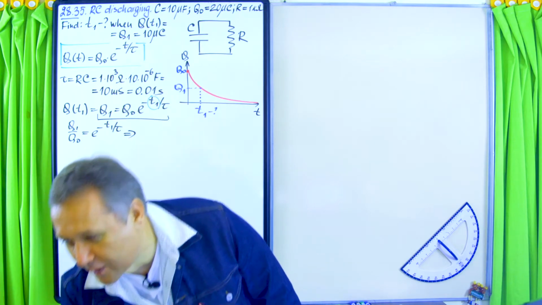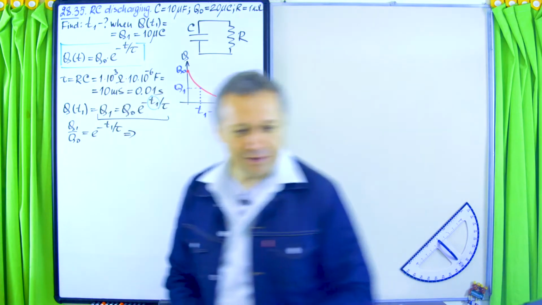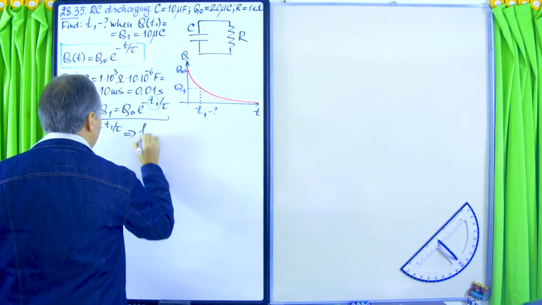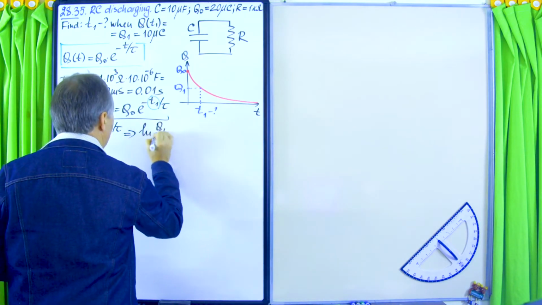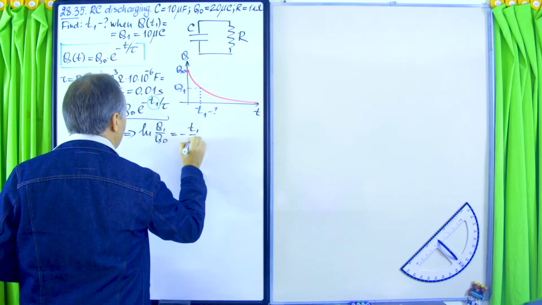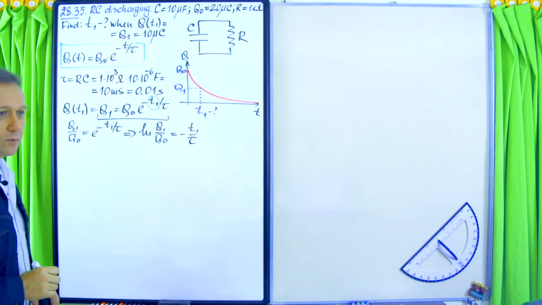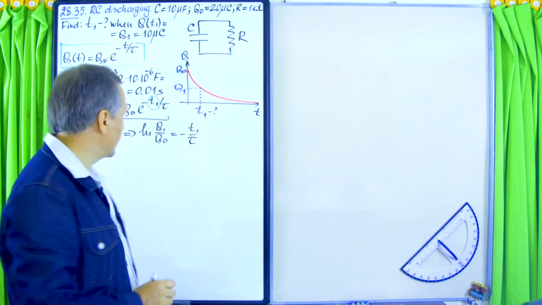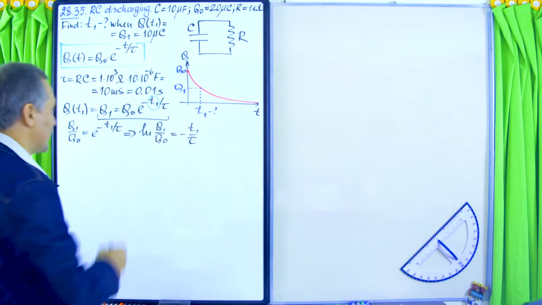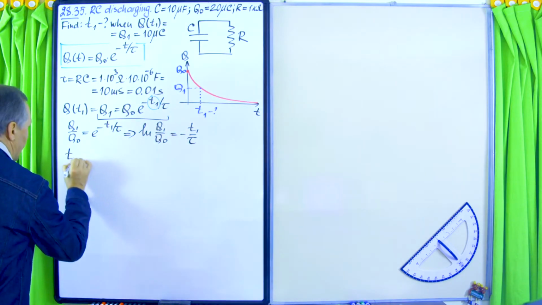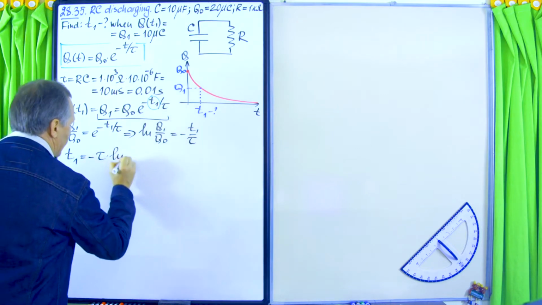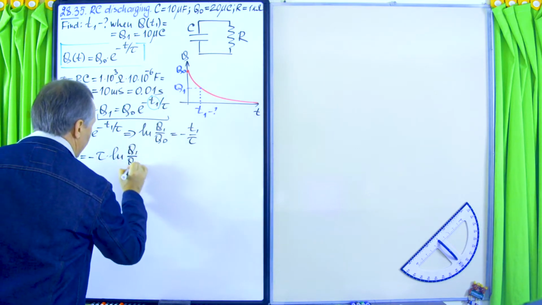Yeah, taking the natural log, of course. Yeah, Cindy just typed it. So we will get the natural log of Q1 over Q naught equals minus T1 over tau, if you apply the natural log to both sides. And so that's our unknown, so let's just solve it. T1 equals minus tau times the natural log of this ratio Q1 over Q naught.